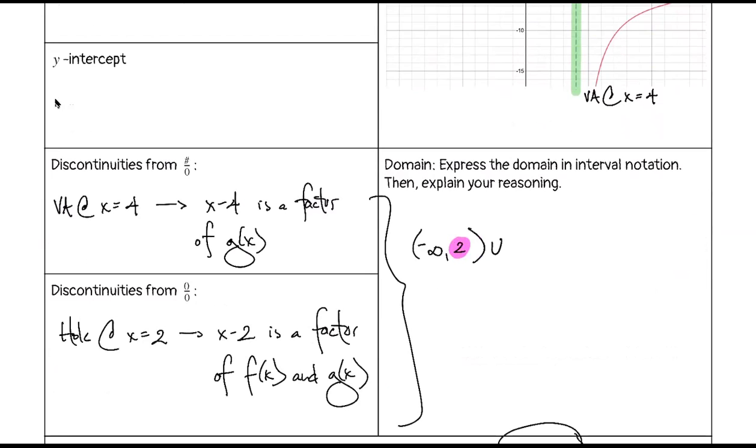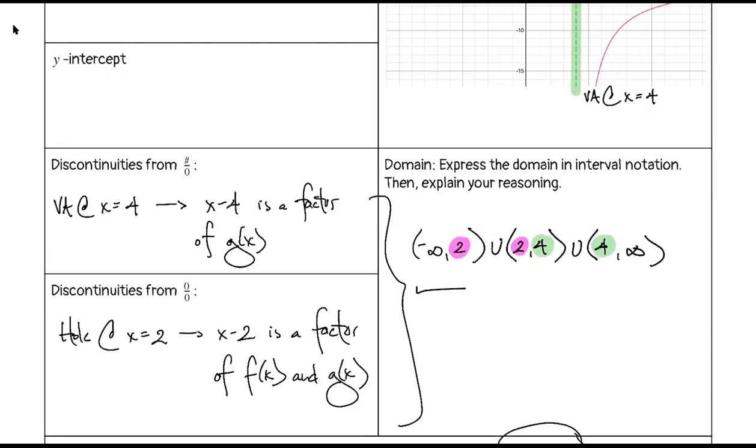In union with 2 to 4, right? So 2 is the hole that's missing. That's why we have to use parentheses there. And then our vertical asymptote also gets excluded, in union with the other side of the asymptote. Okay?